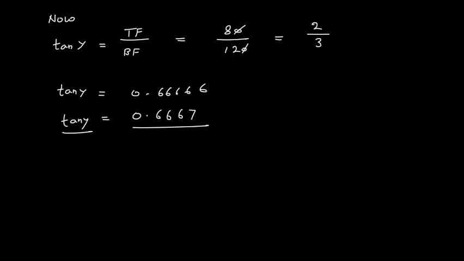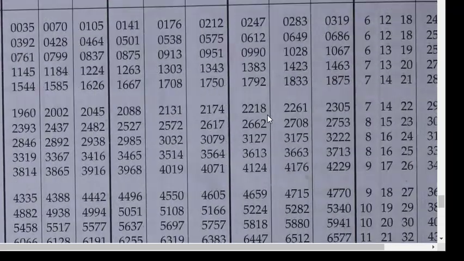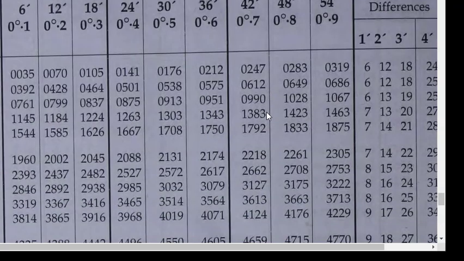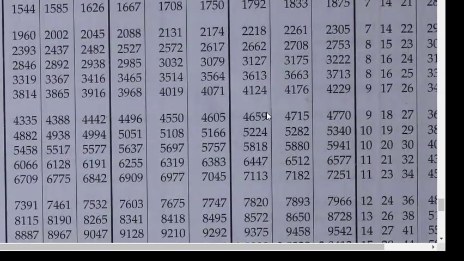So now let us see the table for tangent.